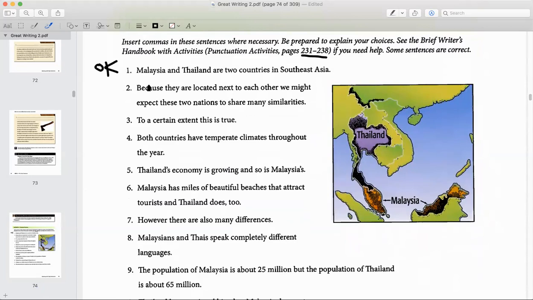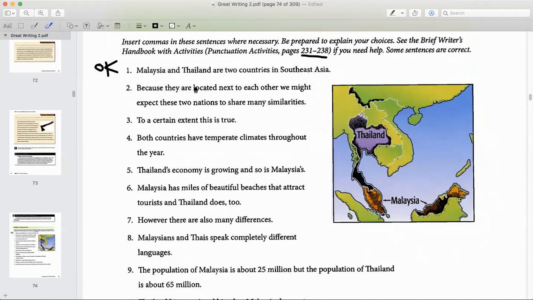Number 2, now we have two clauses here. Because they are located next to each other, we might expect these two nations to share many similarities. All right, we have two clauses here. We need to connect these somehow. And you'll see that I stopped briefly.